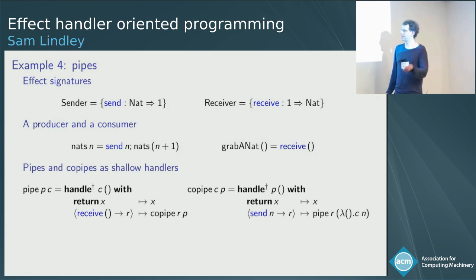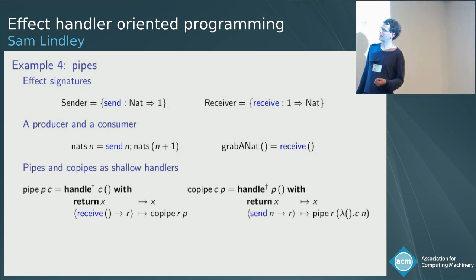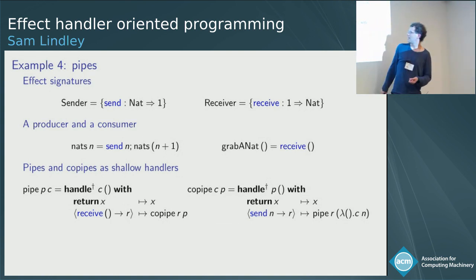And using shallow handlers, we can define these things as two mutually recursive functions. So the pipe takes a producer function and a consumer function. It runs the consumer, and if it comes across a receive, it switches over to copipe. And copipe does the opposite thing.